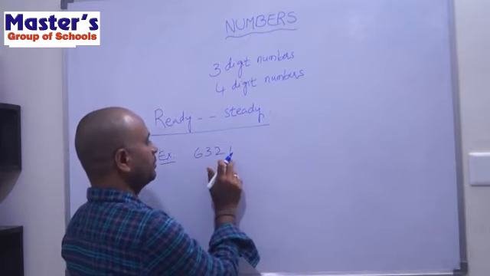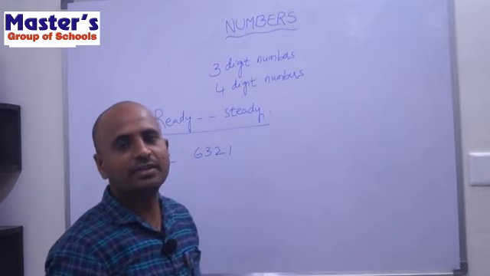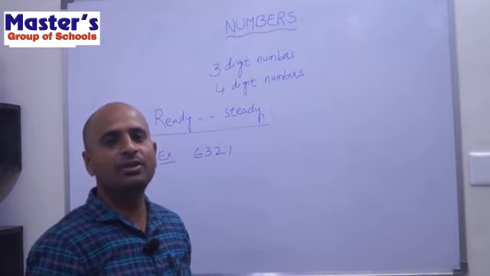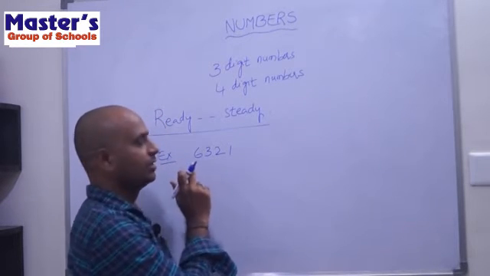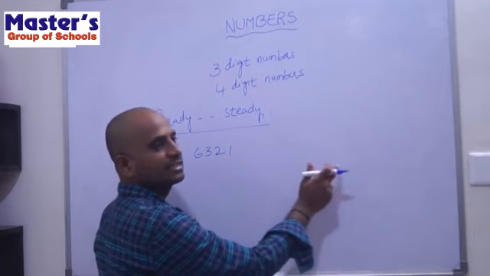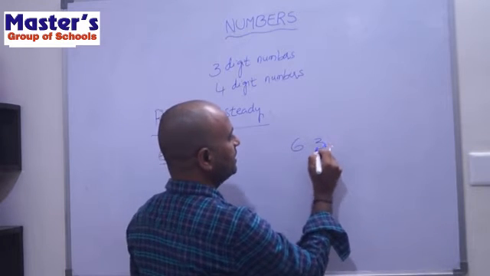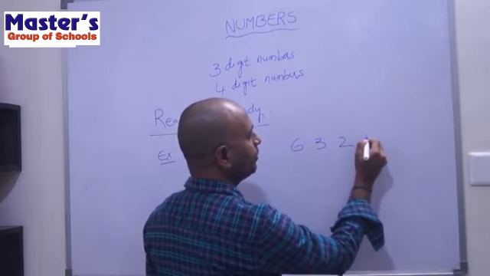The expanded notation is nothing but the sum of place values of each digit. Now write the place value chart for the Indian system of numeration. This is 6, 3, 2, 1.